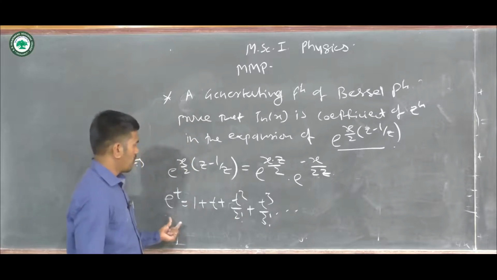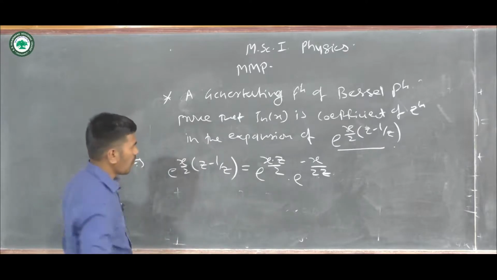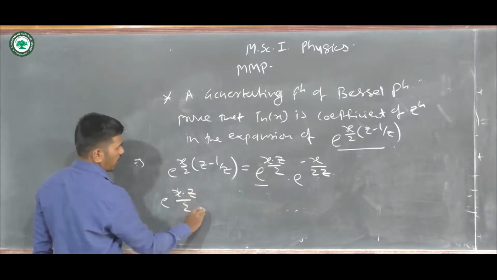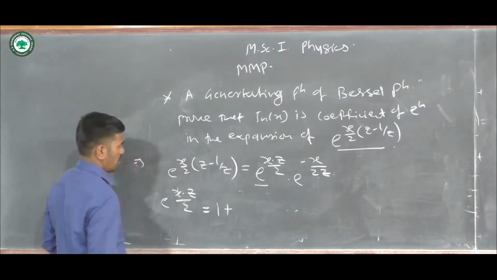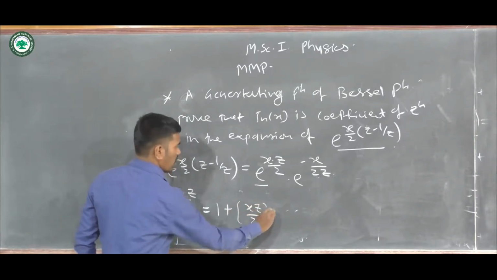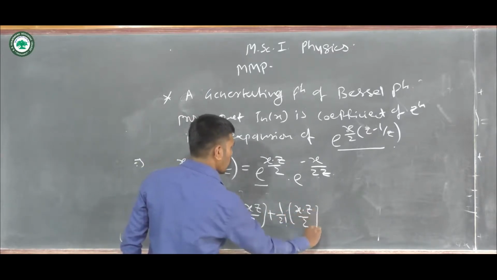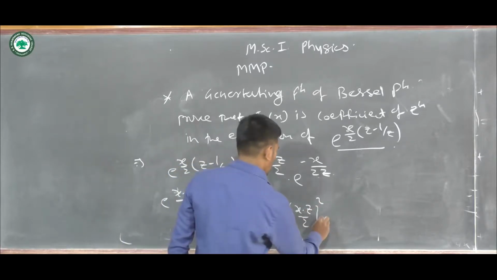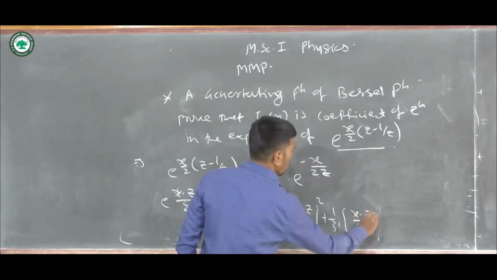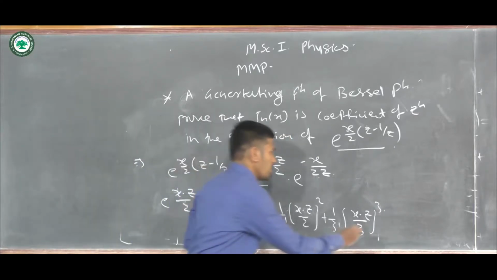First term, e raised to xz by 2 is equal to 1 plus xz by 2 plus 1 by 2 factorial into (xz by 2) square plus 1 by 3 factorial into (xz by 2) power cube, and so on.